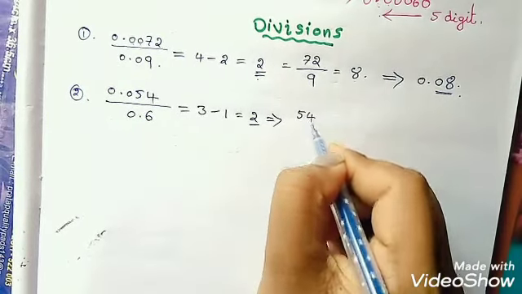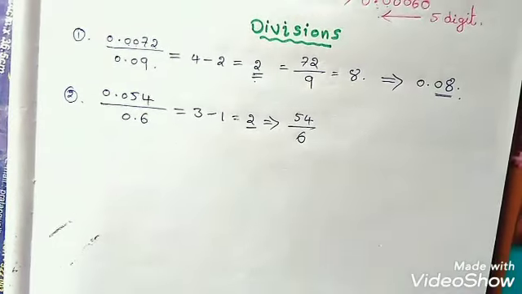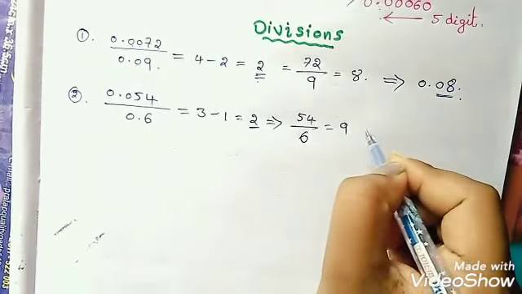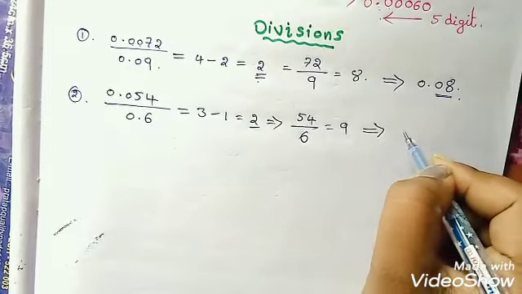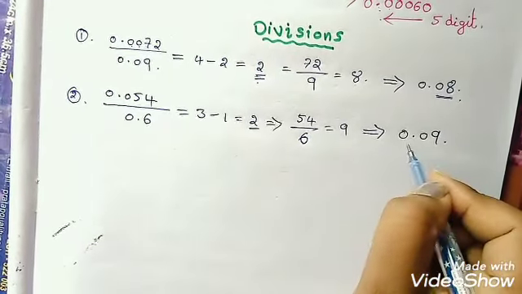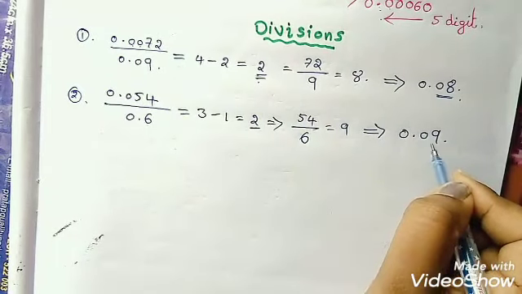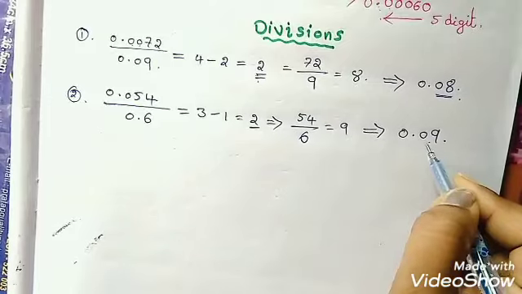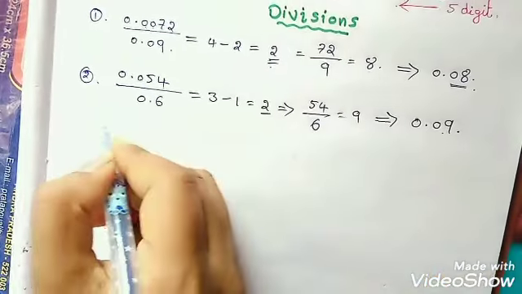You can do directly just like this, 54 by 6. How much? It must be 9, 6 9s are 54, right? So in the answer 0.09. Why? Because in the answer after the decimal you get a 2-digit number, so if you place 0 before that, it is enough.